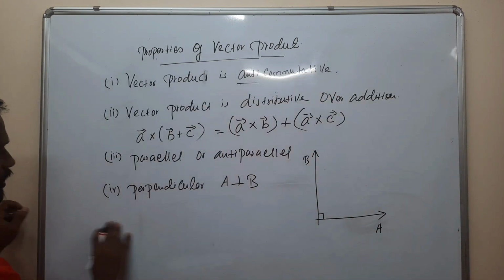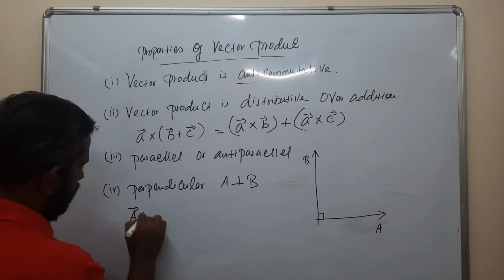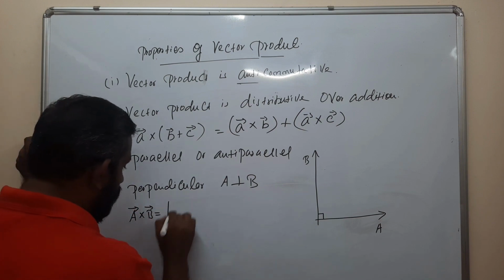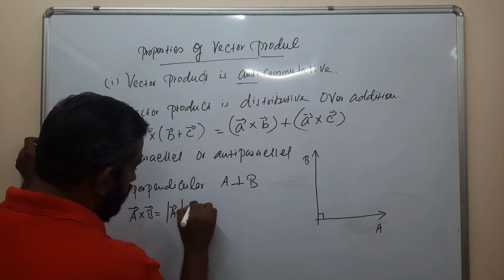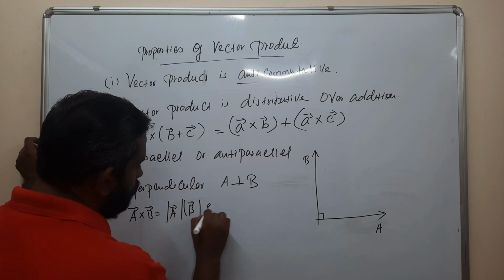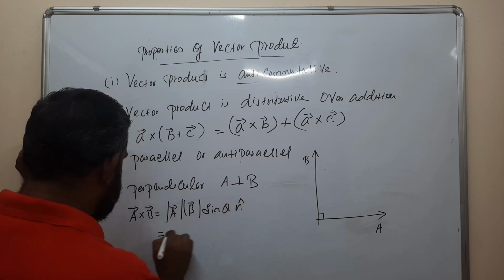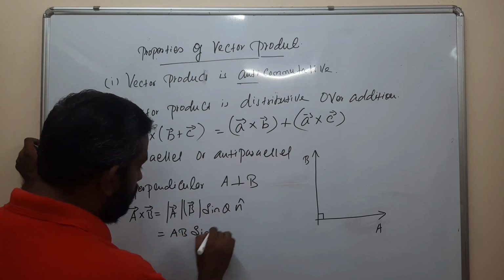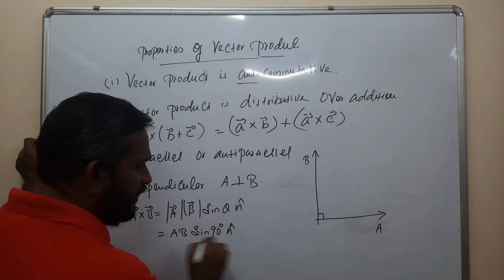That is, A vector cross B vector is equal to modulus of A vector, modulus of B vector, into sin theta into n cap. So AB sin 90 into n cap. So what is sin 90? That is 1.